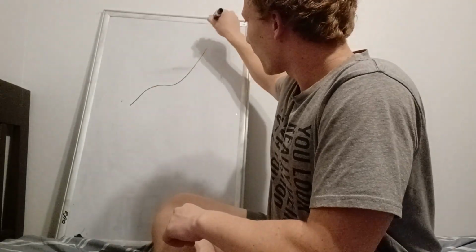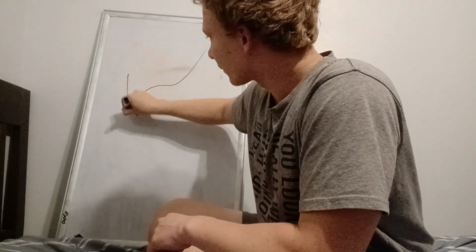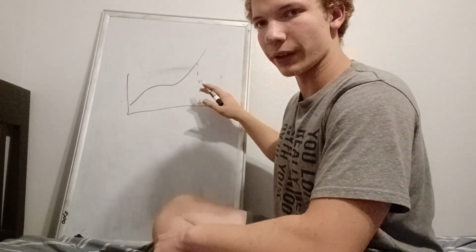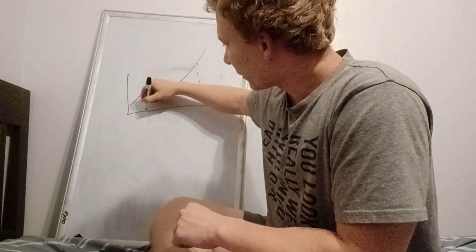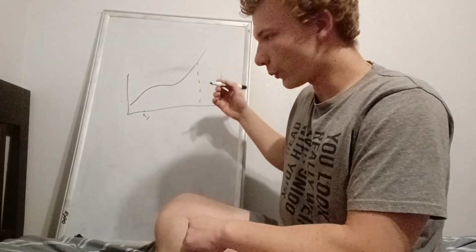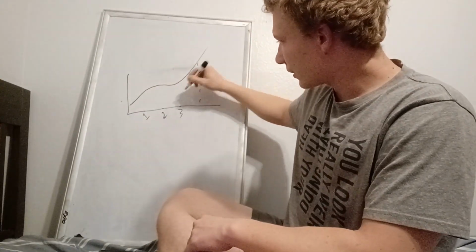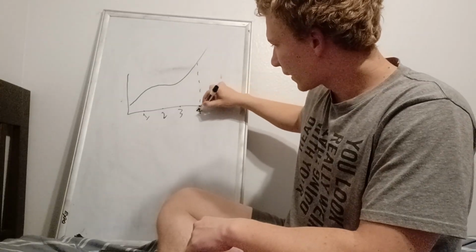Now, let's talk about approximations for under the curve, because this is going to be very important in understanding integrals. If we have this curve and we want the value from here to here under the curve, what we can do is say, okay, well, maybe right here is 1, here's 2, here's 3, and here's 4. So we're looking at from 0 to 4.